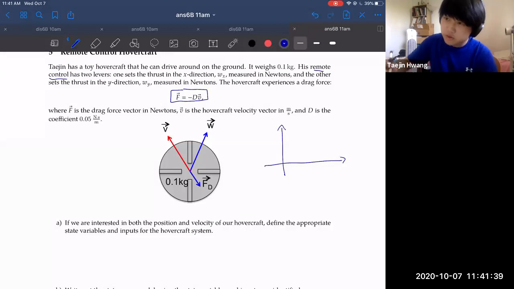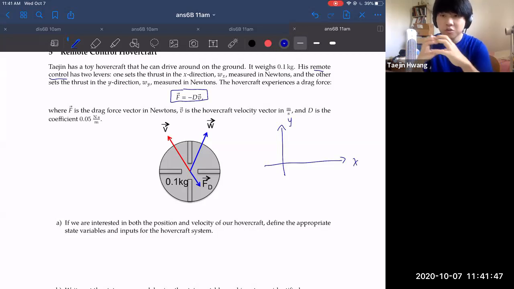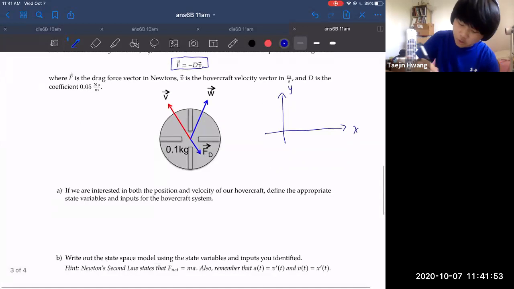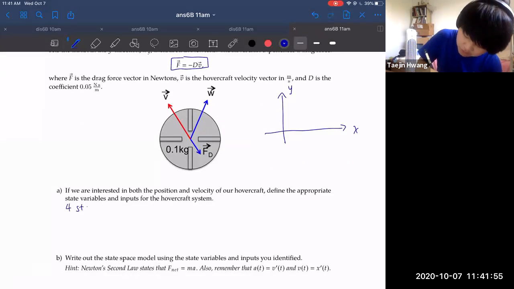If you think about the hovercraft, and Eric luckily answered it here, it moves in both directions, X and Y. It's moving in this 2D grid, so it can move to the right, it can move up, and so on and so forth. And we're going to need a total of 4 state variables representing the position and velocity in each direction.